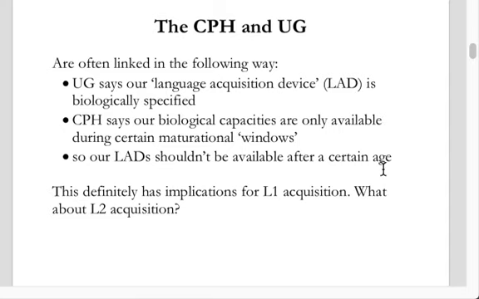So UG is biologically specified in that sense. The critical period hypothesis says that our developmental biological capacities are only available during certain maturational windows or critical periods of time. And if we don't use them during those windows, then we never get the system of knowledge that we're supposed to come out with.